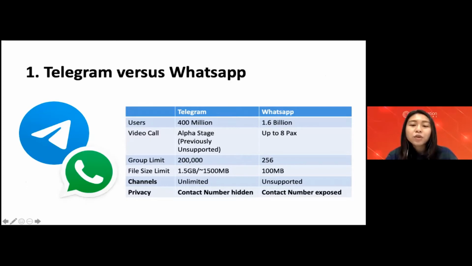In terms of video call, Telegram is not there yet with WhatsApp, although WhatsApp is also slightly limited, at eight participants or fewer in your video call. For the group limit, the most number of people that can be in a group chat is 256 for WhatsApp. But for Telegram, you can have up to 200,000 people within the chat itself.